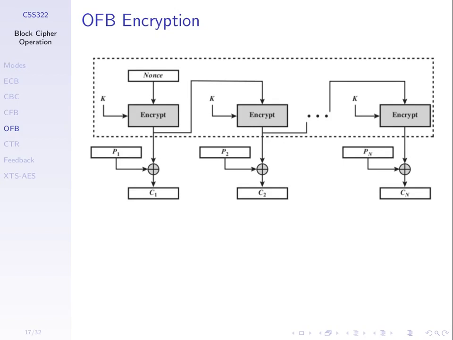Maybe the one thing that's worth introducing here, what's the name of the input to the first encrypt? Nonce. What's a nonce? We've mentioned an initialization vector here, but now it's called a nonce.